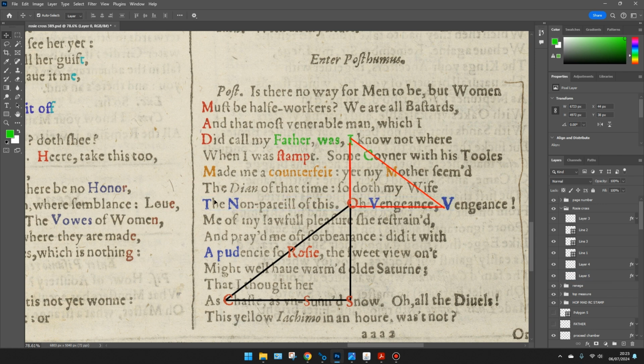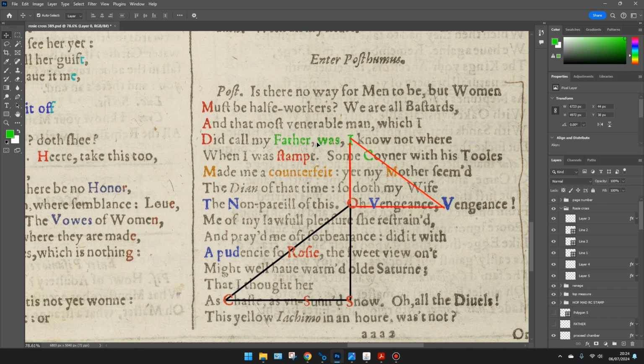this want, meaning it's something that they do often. And you've got a 3, 4, 5 triangle here, and because it's want and it's often, we have another 3, 4, 5 triangle here, and it says here, father was. Now, if we're talking about the Rosy Cross, there is only one father, and that's Father RC, sorry.